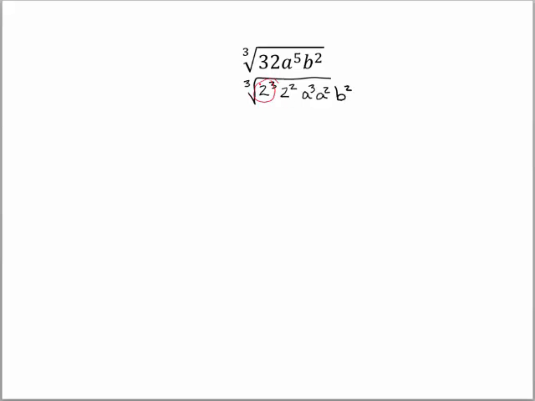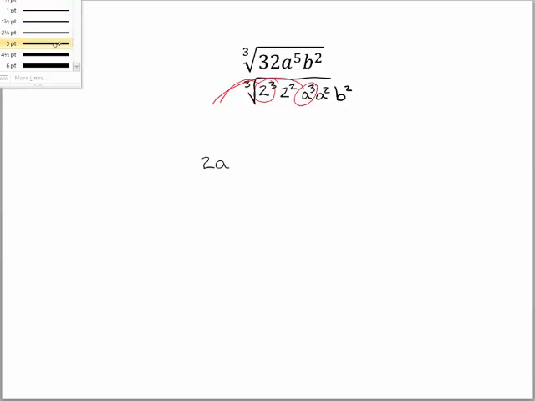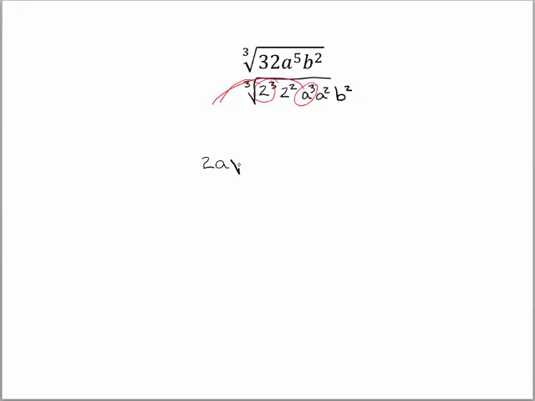Here's 3 of the 2's, and here's 3 of the a's. And we can't do anything with this b squared, so we'll just leave that in. So we'll bring out 2, and we'll bring out a. And we'll leave what we have in there.